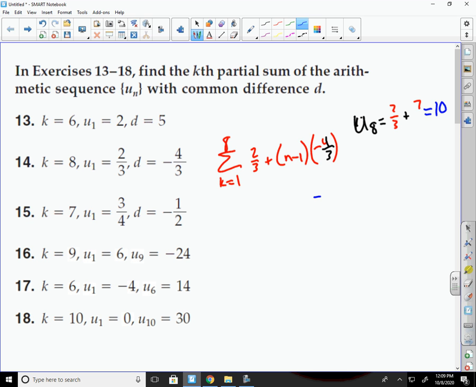Plug it in. We get 8 over 2 times 10 plus 2/3. That's going to give me 32 over 3 times 4. Four times 32 is 128 over 3.